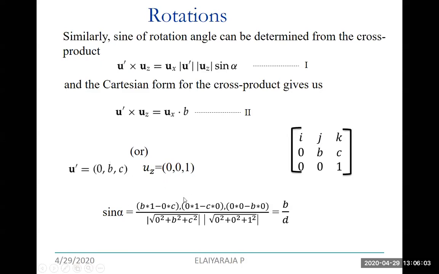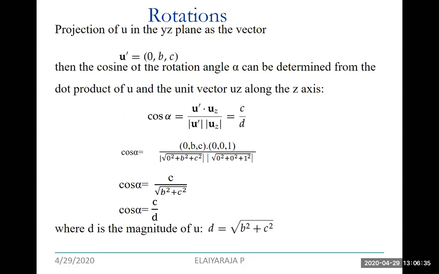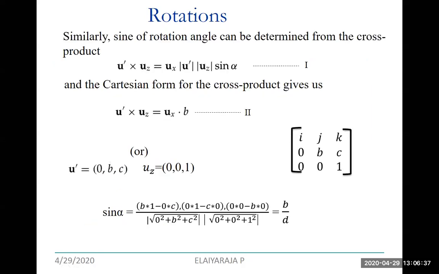When you perform the cross product, with respect to i you get b minus 0, and the remaining values are 0, so you get only b. Then the modulus of the vector u dash and the unit vector along the z axis is d, so b by d. So we can write cos alpha equal to c by d, sin alpha equal to b by d.